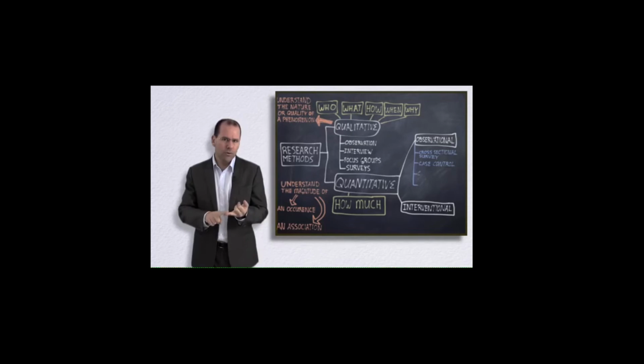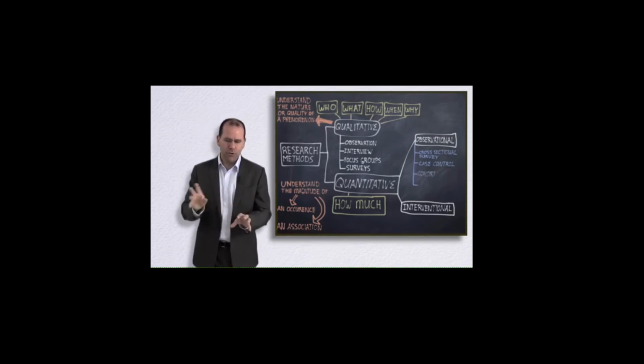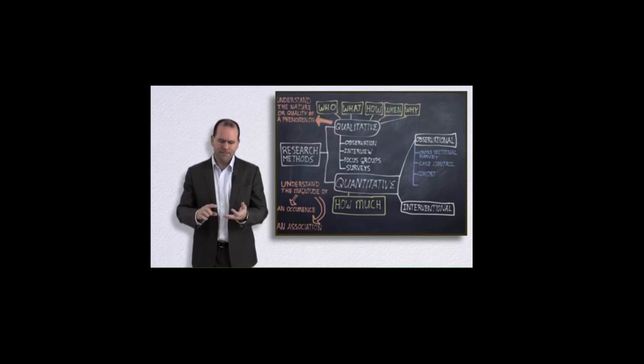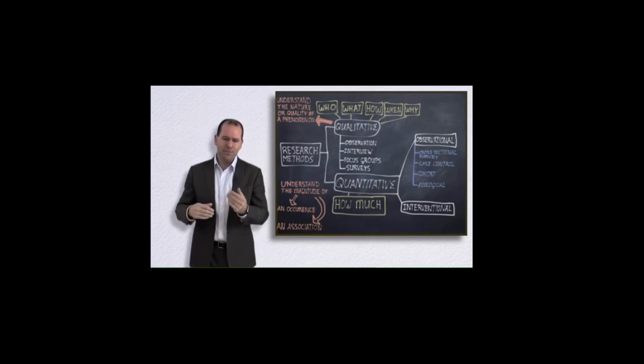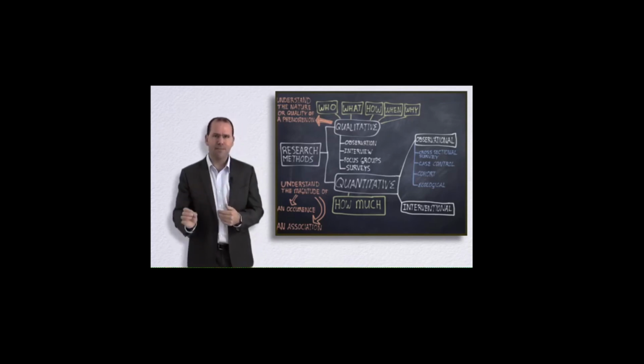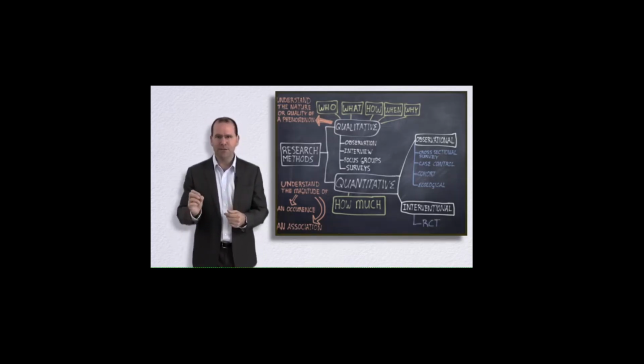We may be doing cohort studies, and I'm specifically going to talk in a future video about the difference between those two and their relative strengths and weaknesses. We may do an ecological study, and we may, of course, also be doing a survey and just collecting data in that sense. Then, of course, there's the interventional trials, and the one we talk about most are randomized control trials or double-blind randomized control trials, and we're going to do an entire video that looks specifically at that.